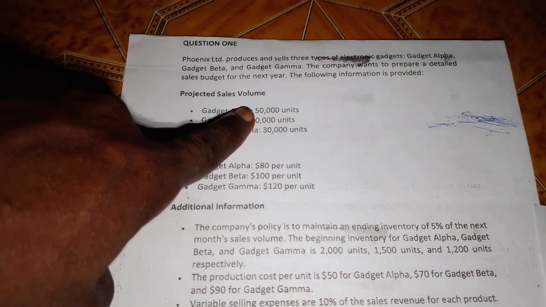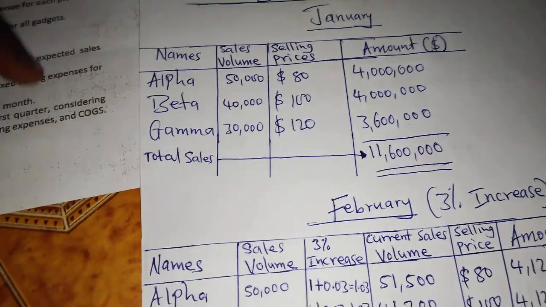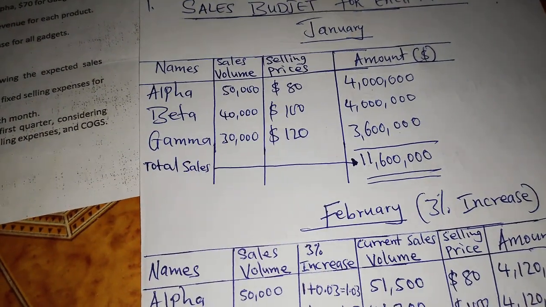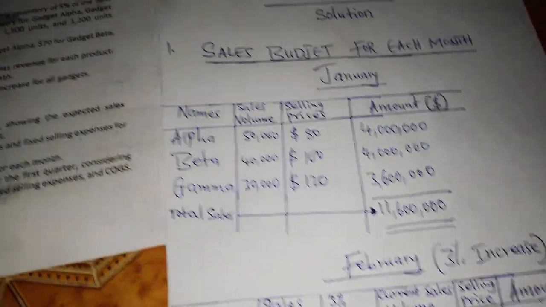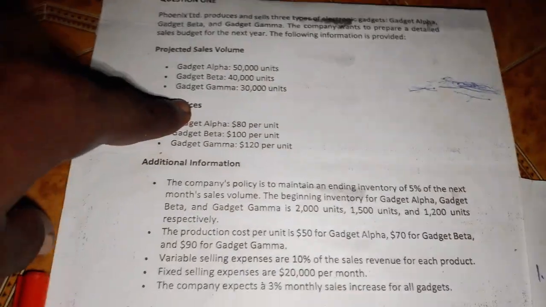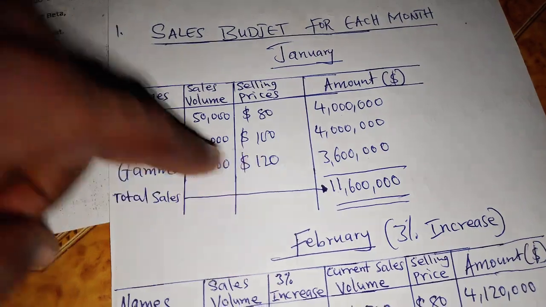We indicate all these projected sales volumes under this sales volume column in units, with their names and their unit of volume. The selling price, remember this selling price is per unit. We indicate the selling price again.